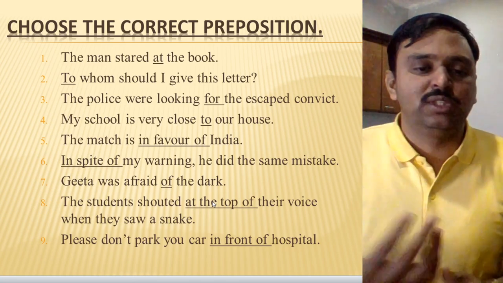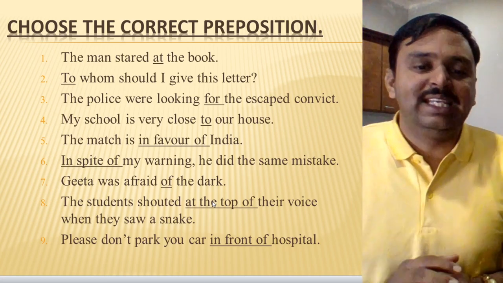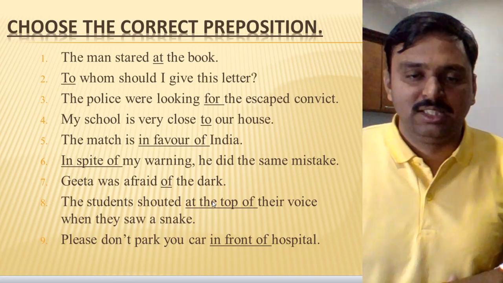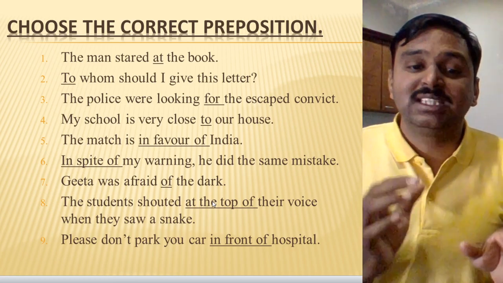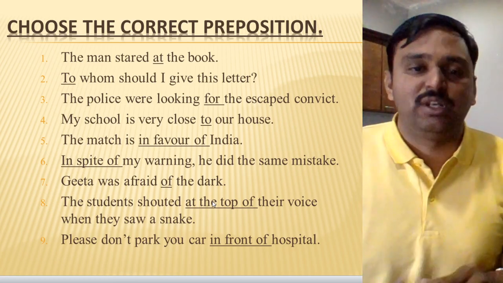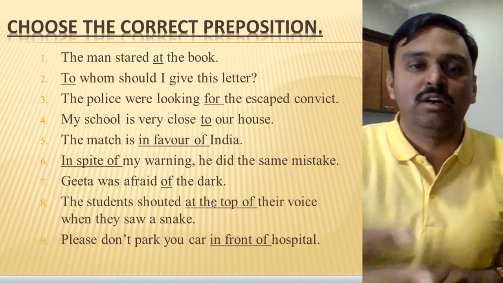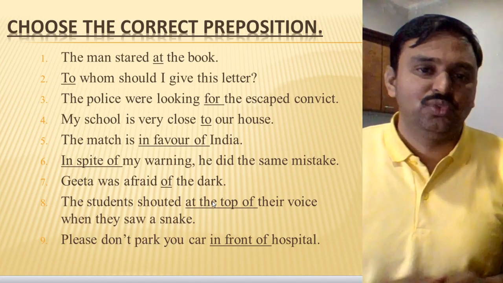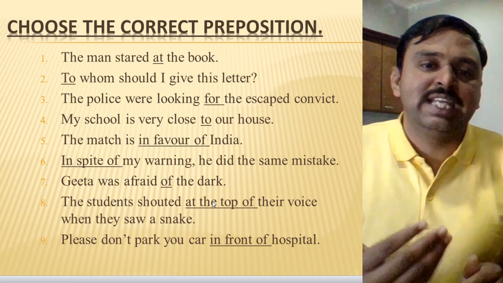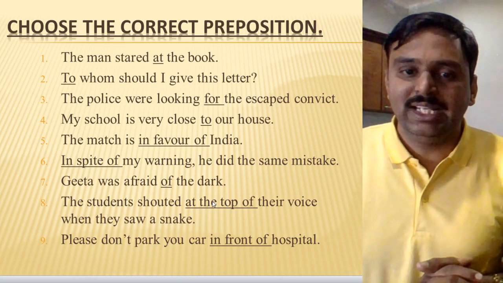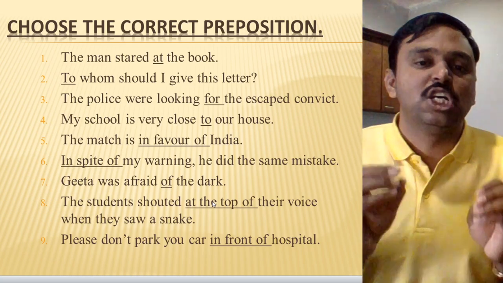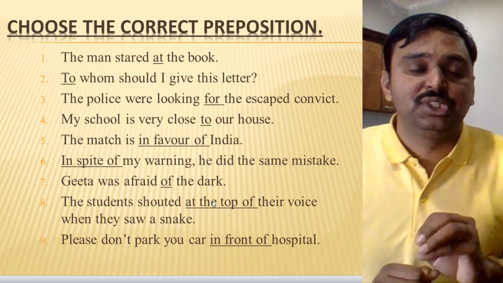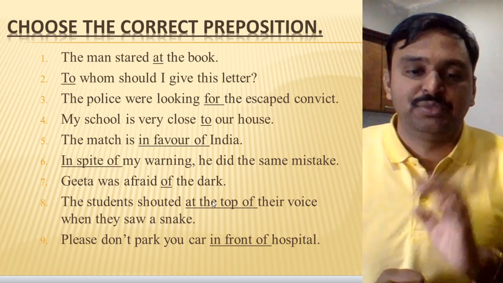Let's go to the fifth question. The match is dash dash dash of India. It means the match is in favor of India. In favor of means in the hand of someone. So the match was completely in favor of India means they will win the match. Here we have used a complex preposition, in favor of.